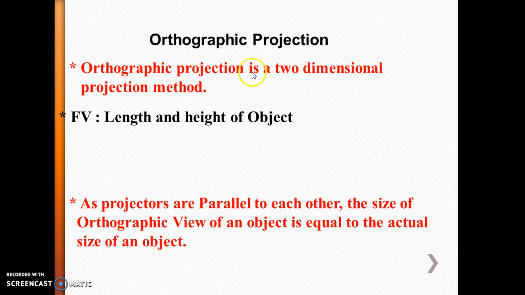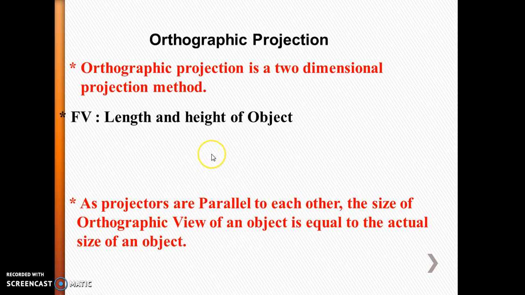Orthographic projection is a two-dimensional projection method, meaning two dimensions are clearly visible. The first dimension is the length and height of the object, which we can see from the front view. As the projectors are parallel to each other, the size of the orthographic view of an object is equal to the actual size of the object, whereas in perspective projection the projectors are not parallel to each other, and that's why we cannot see the exact size of the object.